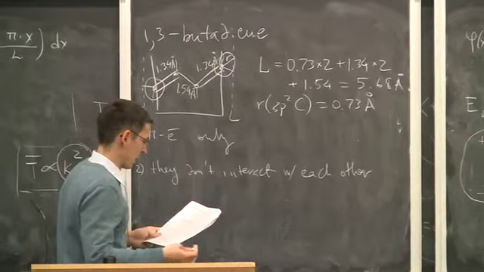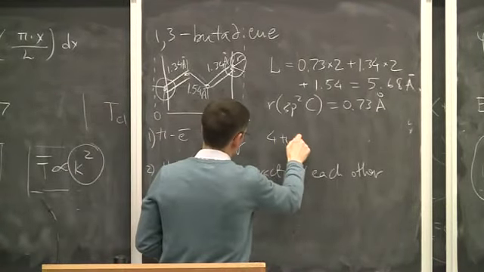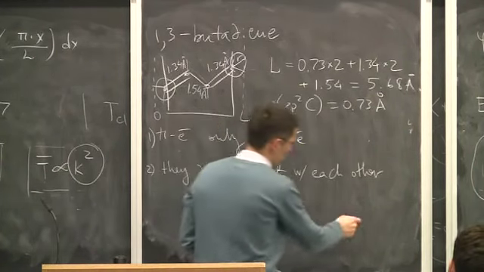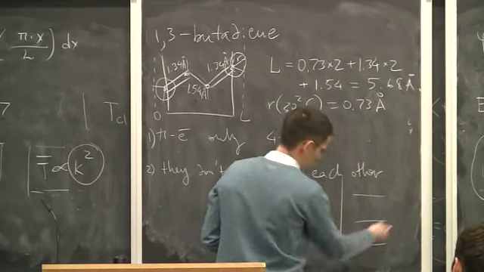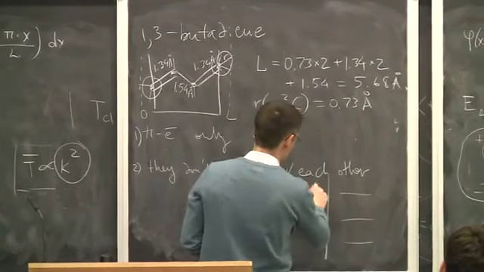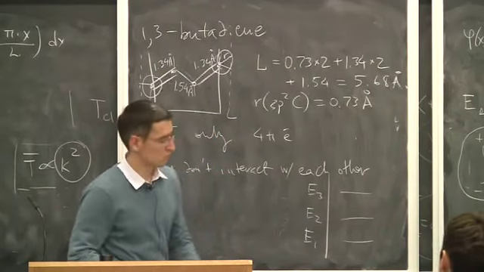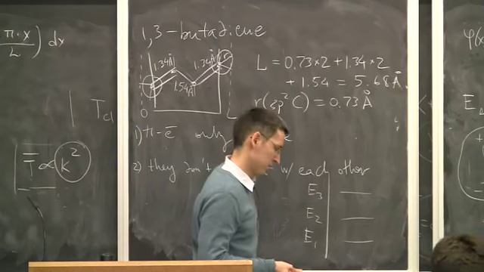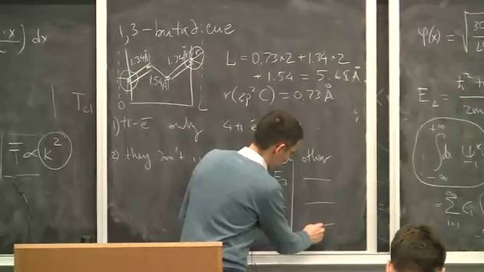Okay? And then how many pi electrons do we have? We have 4 pi electrons. And these are our levels of the particle in the box, E1, E2, E3, and we'll use, again without really explaining why it appears here, the Pauli exclusion principle.